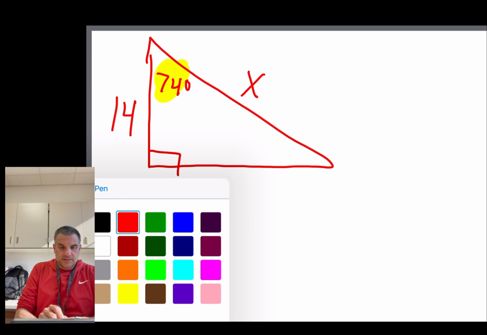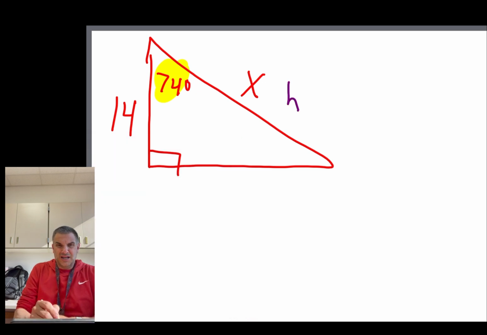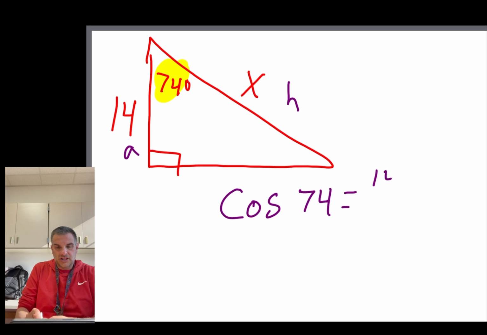Label my sides. That's the hypotenuse. That's adjacent, so it's cosine. So cosine of 74 is equal to the length of the adjacent over the hypotenuse. Now here's my rule. If the number's on top, you're going to take that number divided by the cosine, because you have to multiply both sides by x.